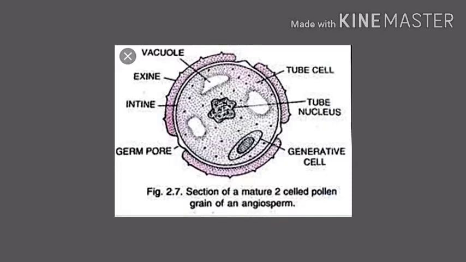Here there is a separate branch which studies the pollens. The definition is such as the branch of botany which deals with the study of the pollen grains or microspores. It is known as palynology.